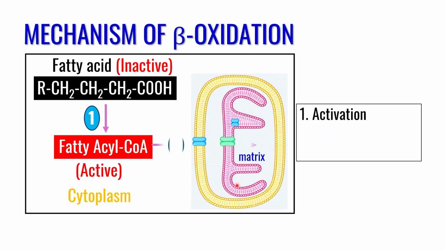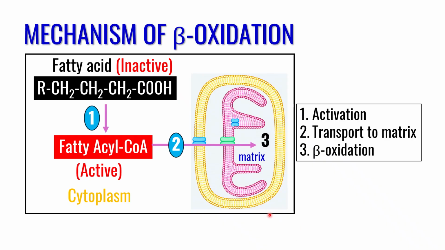The second step is transport of these fatty acyl-CoA into the matrix, and that is through a pathway known as Carnitine shuttle pathway. Once the fatty acyl-CoA is delivered into mitochondrial matrix, it will undergo beta oxidation. So activation and transport of the fatty acyl-CoA to matrix are essential and prerequisite for beta oxidation.